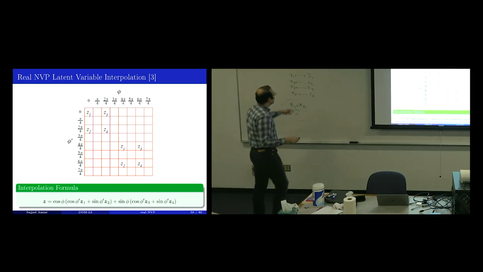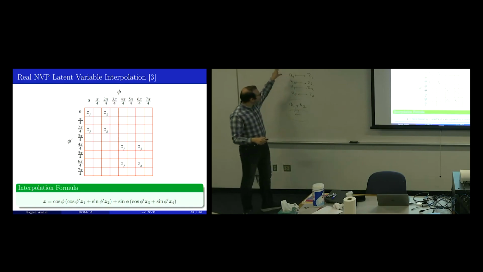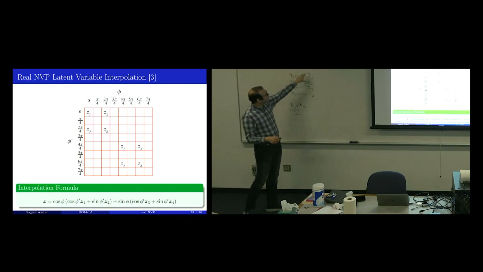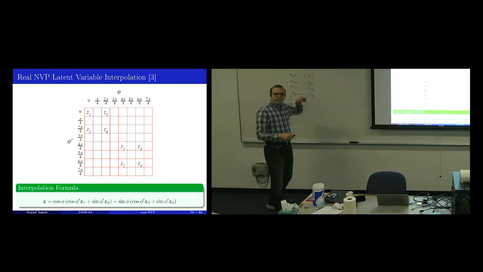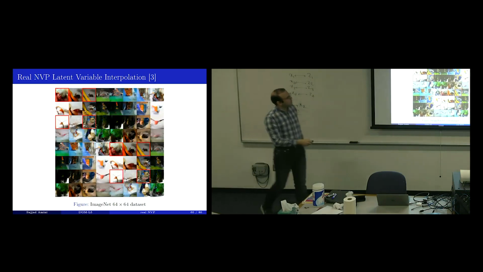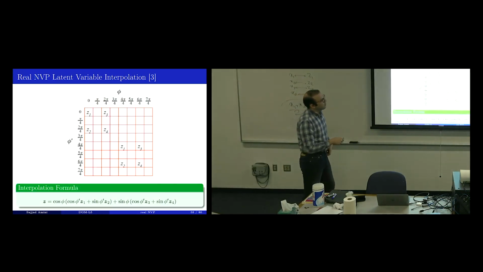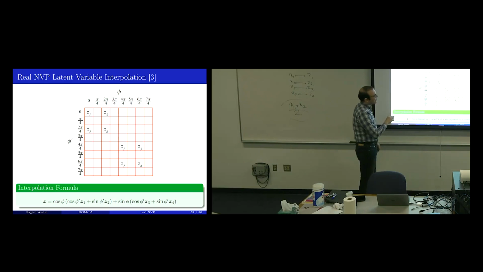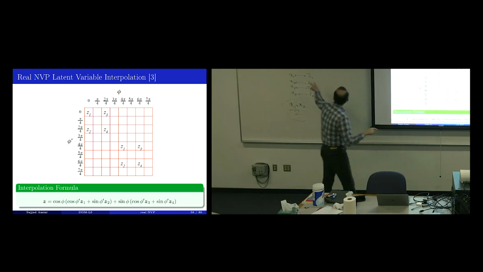But assume that instead of interpolating the data itself, I interpolate the latent space. Let me just talk about how we interpolate them. Assume that I put Z1, Z3, Z2, and Z4. These are the corresponding Z for the X images.